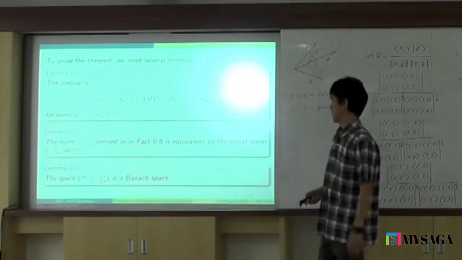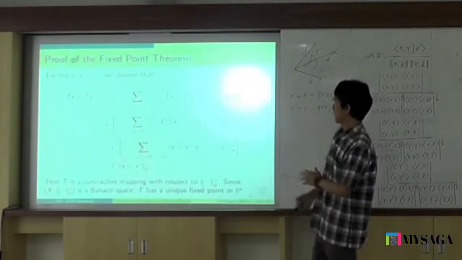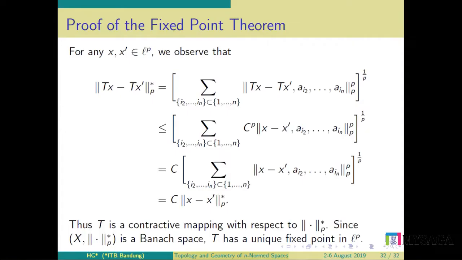So it is a Banach space. Now with this lemma, the proof of the fixed point theorem is just like this. We just proved that T is contractive with this norm, and so we are done. We don't have to repeat all the iterative procedure and so on.